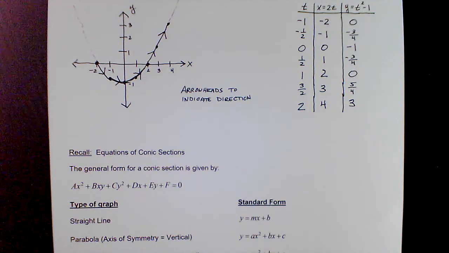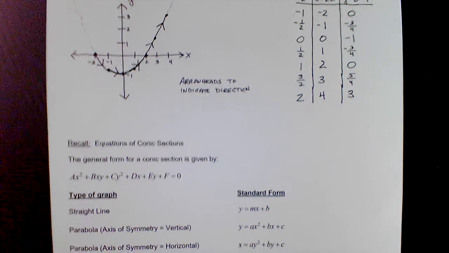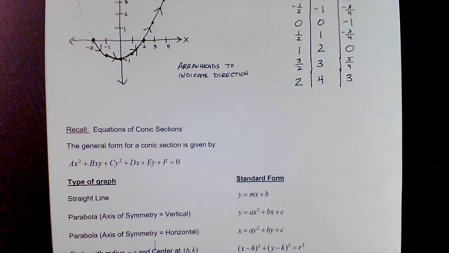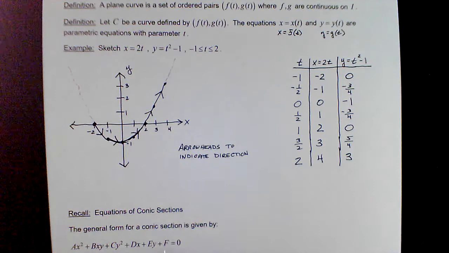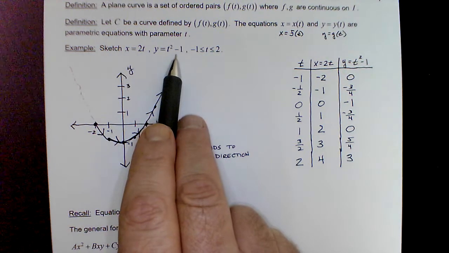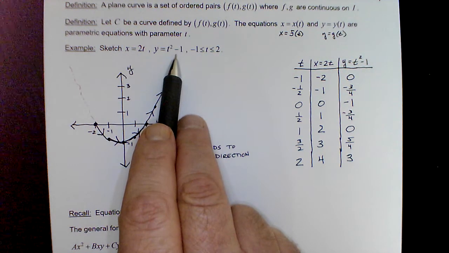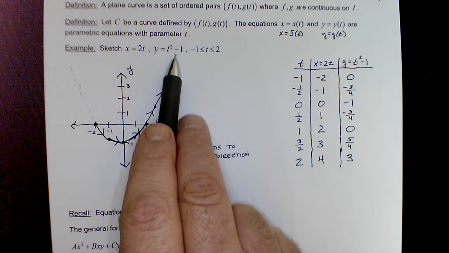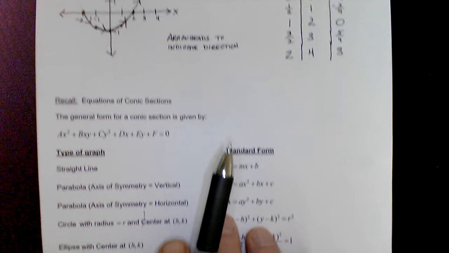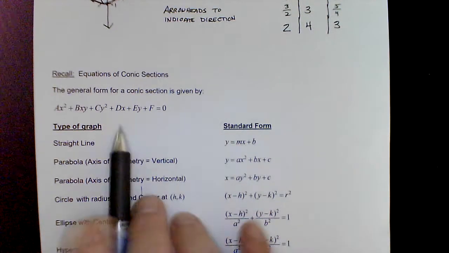Before we get into a method that we call eliminating the parameter, to transform this pair of parametric equations into a single equation in terms of x and y, and then identify the graph, I just wanted to remind you of conic sections and their equations. So recall a general conic section.